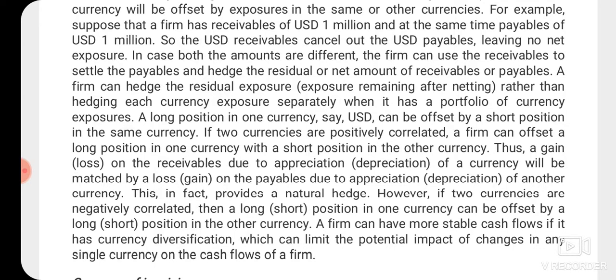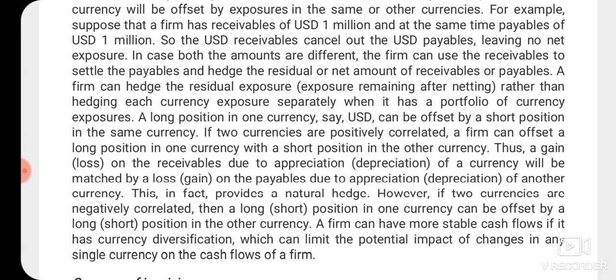Another thing, when there is a positive correlation between the currencies, then a counterparty may choose a long position or short position. When there is an appreciation or depreciation in case of receivables, there may be gains or losses. As well as in case of payables, when there is an appreciation or depreciation, there may also be losses or gains.